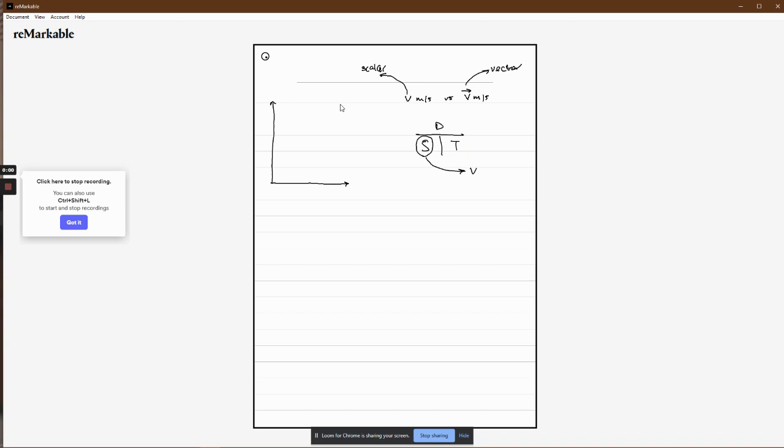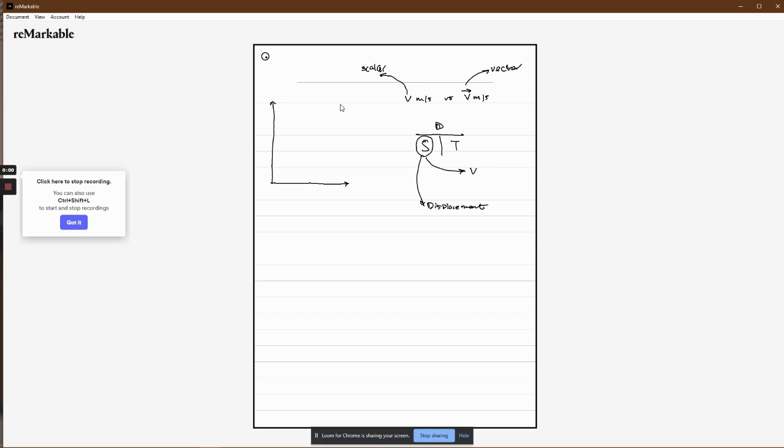It's because velocity is the vector quantity of speed, and velocity is denoted as V with an arrow on top. But in this case, we'll be using S as displacement, because why not?